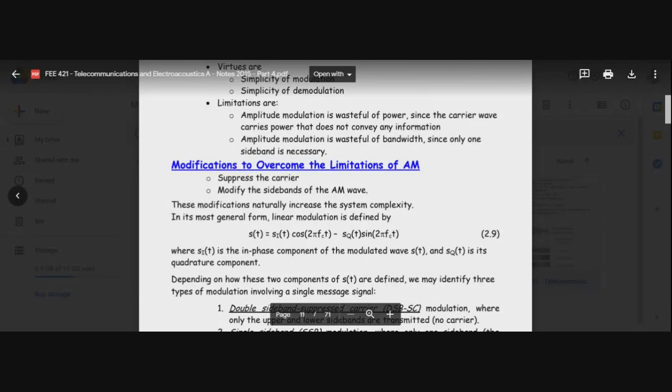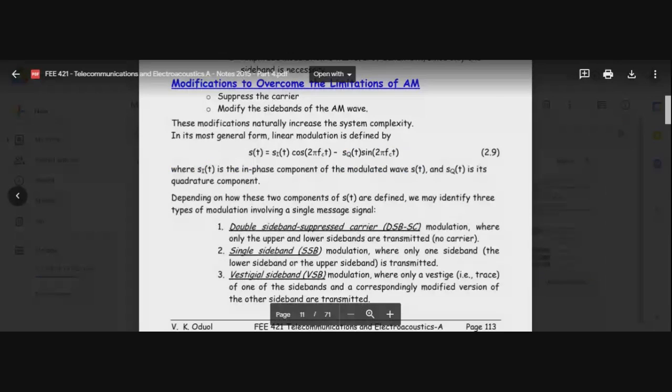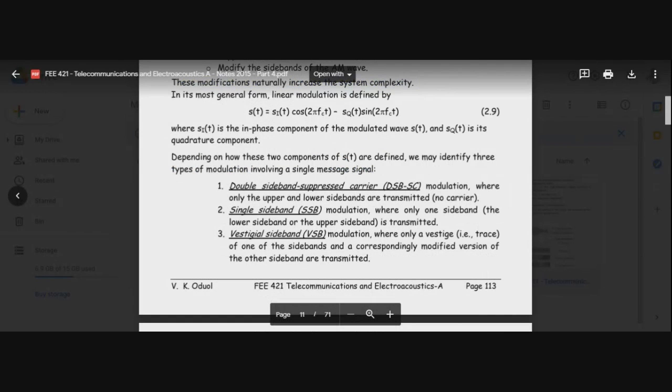And so depending on how you create these components, S_I and S_Q, it is possible to get a double sideband suppressed carrier, which we got earlier just by multiplying our input signal by the carrier, meaning that S_Q is 0. So if S_Q is 0, then you just have a double sideband suppressed carrier.